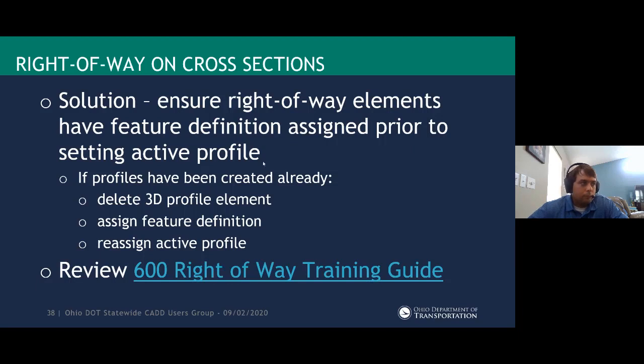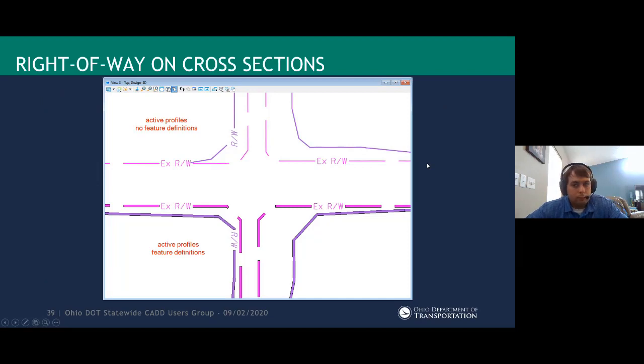And then the next slide is just a screenshot of what you might see. The right-of-way lines on the top, both existing and proposed, had active profiles assigned to them, but no feature definitions assigned to them. And then on the bottom, they had feature definitions and active profiles.